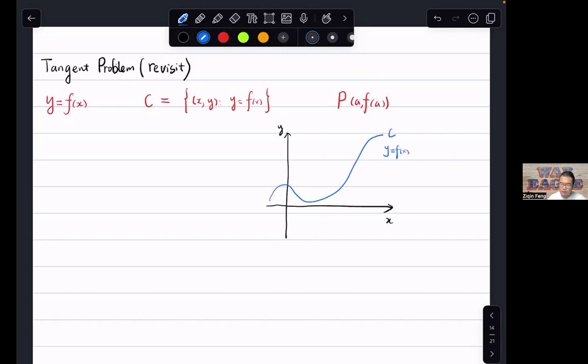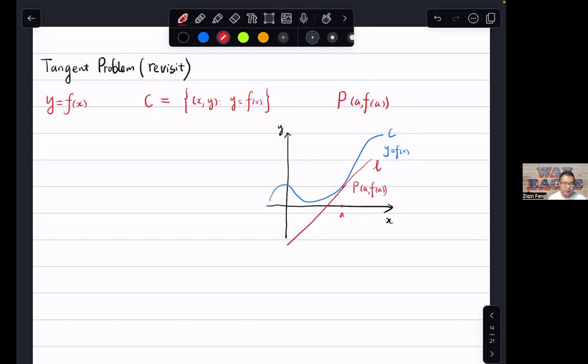Then you fix one point P. The x value is a here, so the y value is f of a. Now we want to know what's the equation of the tangent line. We are looking for the equation of the tangent line passing through P. Let's call that L here.